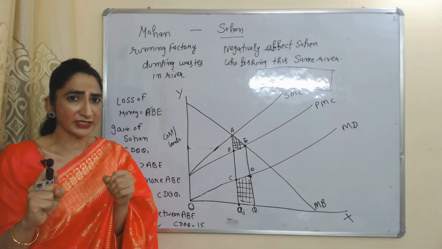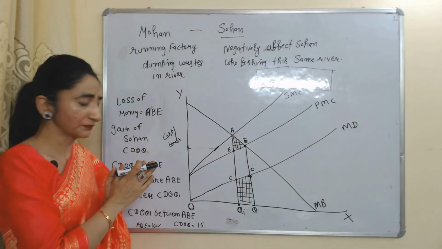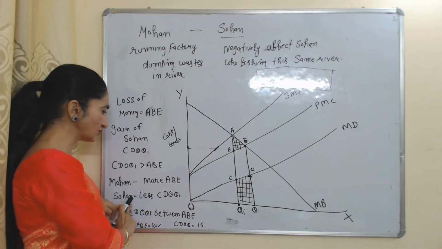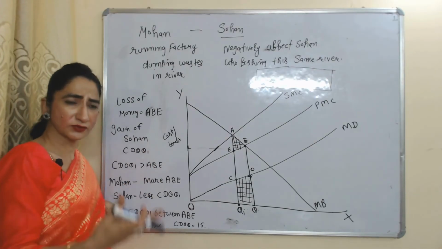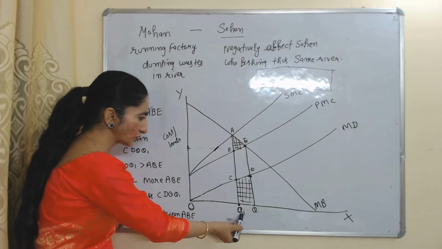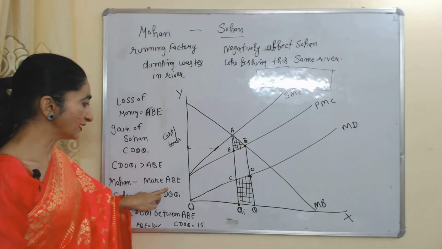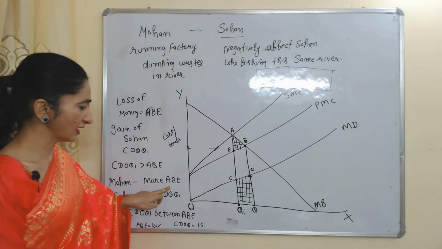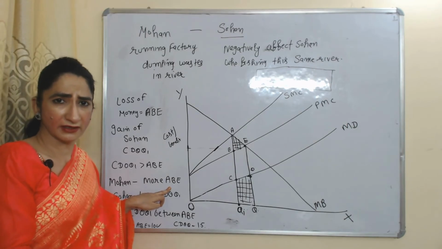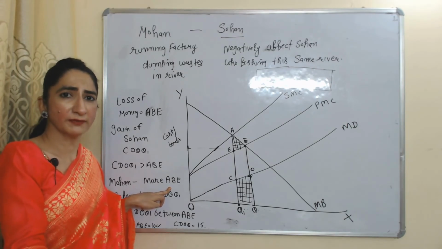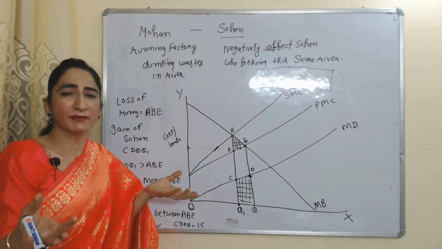But now the question is how they will do bargaining. Mohan will say to Sohan, I will agree to reduce my output from OQ to OQ1, but you will pay me more than ABE because ABE loss I am already getting. If you pay the same, then what will be my benefit?